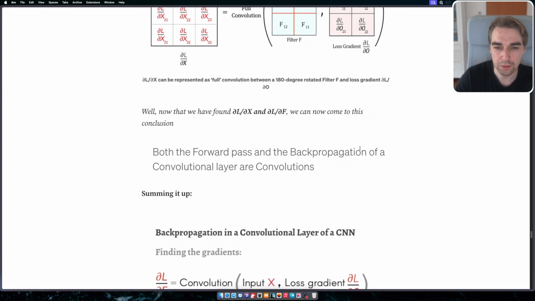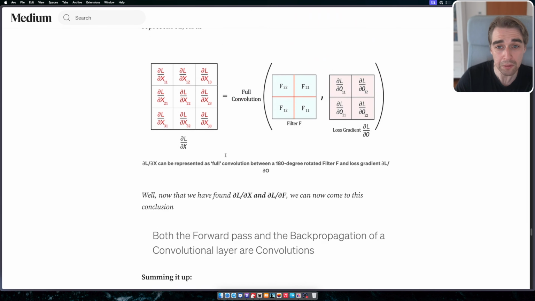Both the forward pass and the backpropagation of the convolutional layer are convolutions. This still fascinates me.